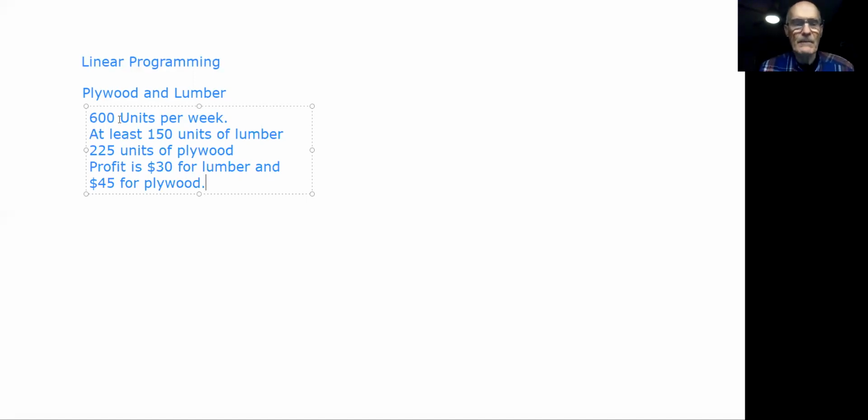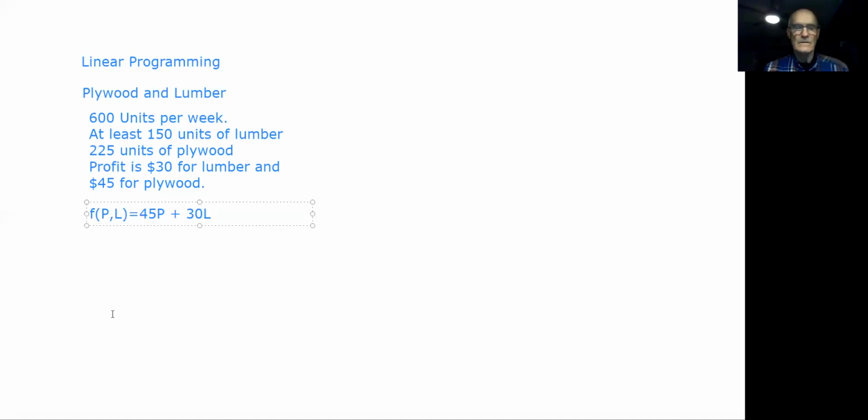So what we've got here, if you look, we are trying to maximize profit. So if I let plywood be P and lumber be L, my objective function here is F of P, L equals 45P plus 30L.